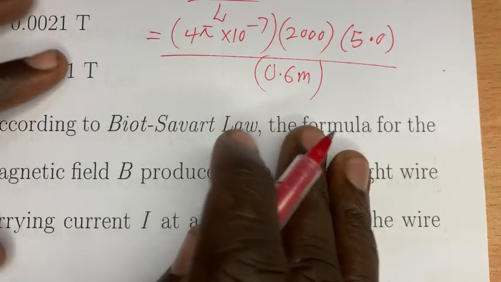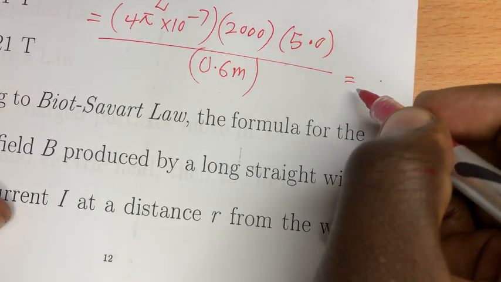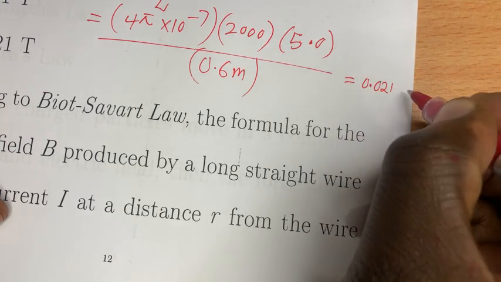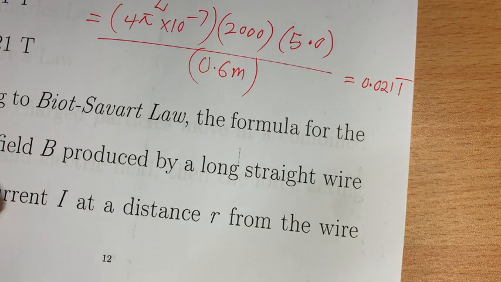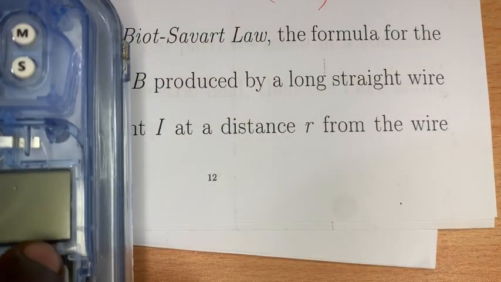Now if you calculate this correctly, you're going to have approximately 0.021 Tesla. Let me see how we can do that.